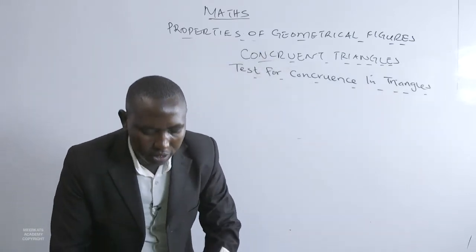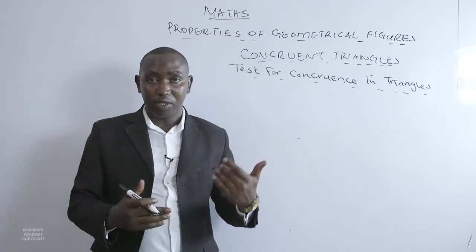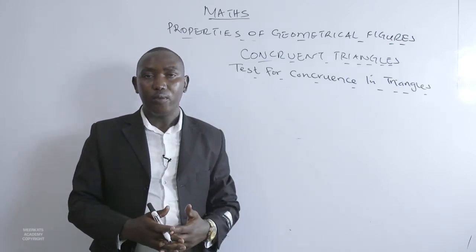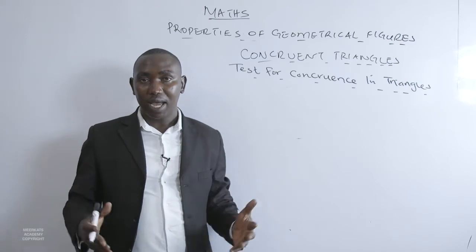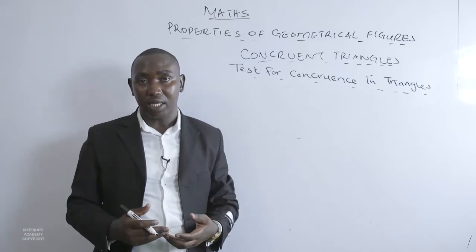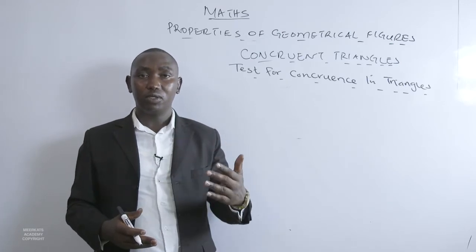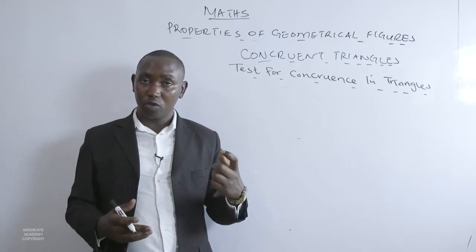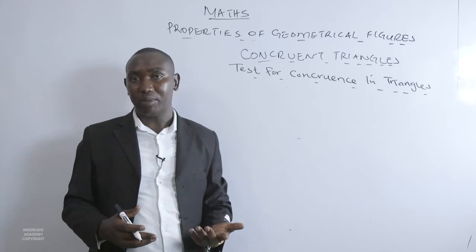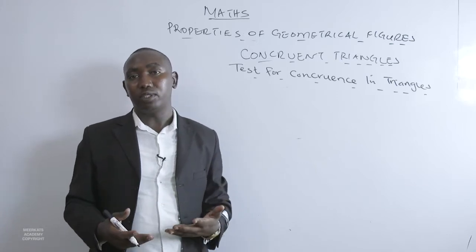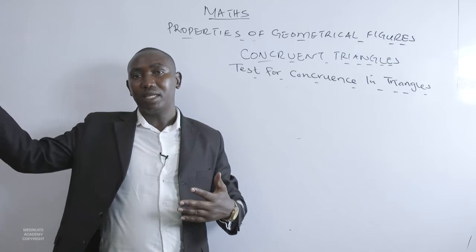Now we have the side-side-side test, as I mentioned during my introduction, which takes into account all the sides of the figures. So if all the sides are similar, then that will tell you that those two particular triangles are similar. And on which basis have we used? This side and the other side are equal.